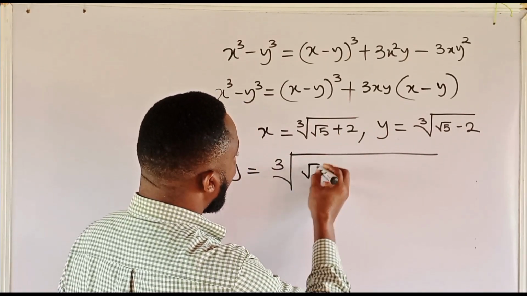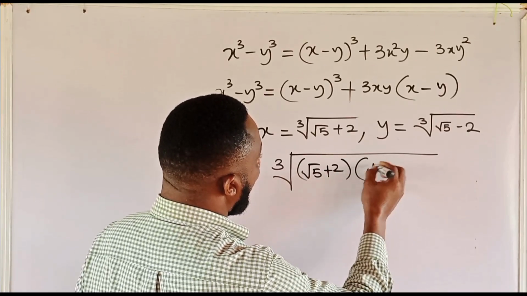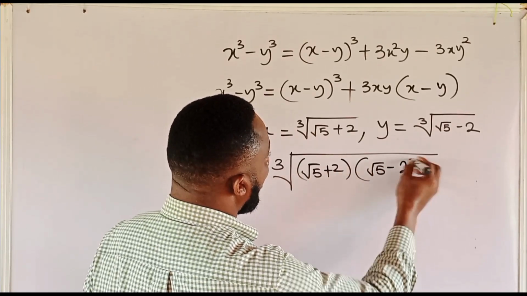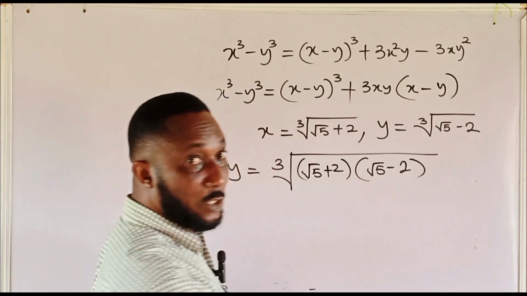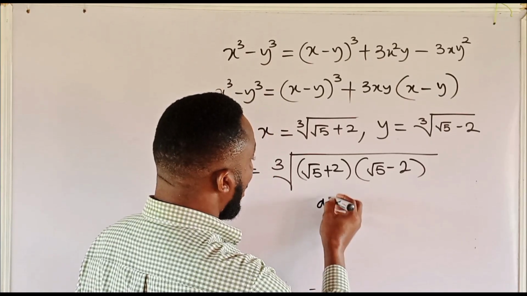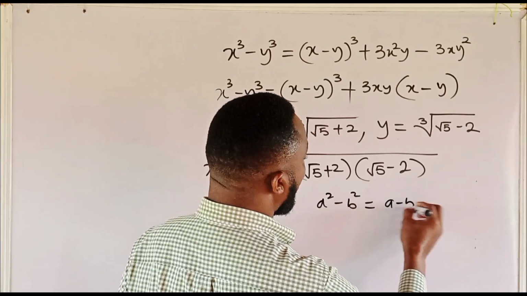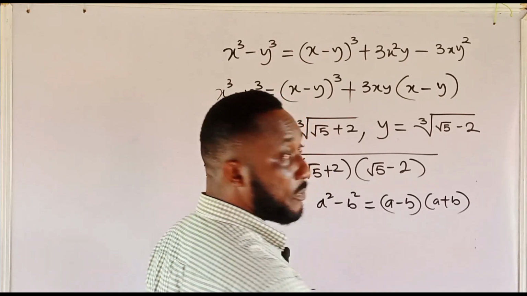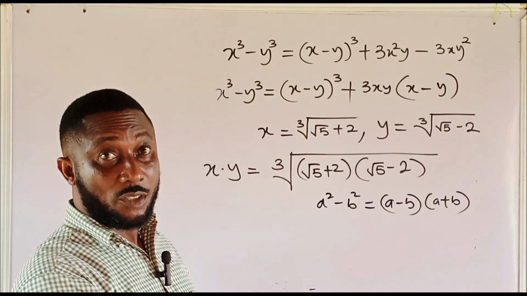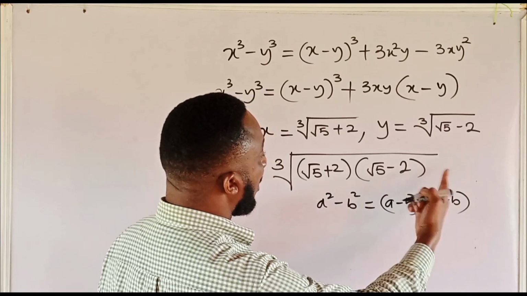That will be root 5 plus 2 multiply root 5 minus 2. If you observe carefully, this is a difference of two squares. A squared minus B squared gives us A minus B multiply A plus B. Whichever one comes first here, it doesn't really matter. So we use the difference of two squares formula.